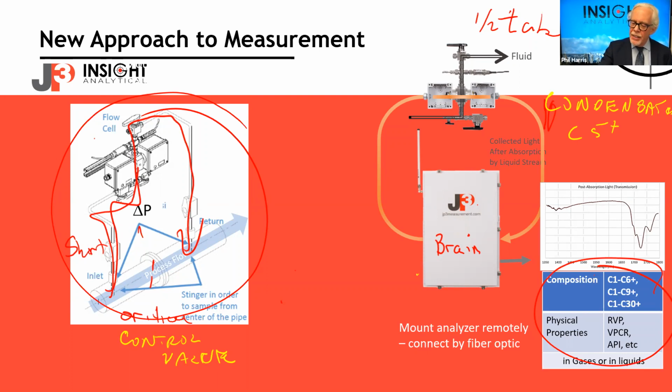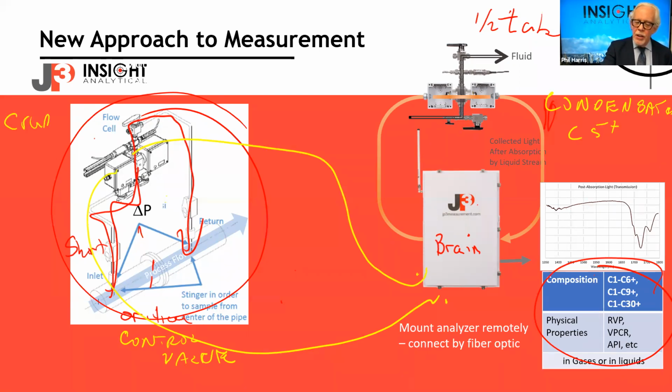And I can take a second set of fibers out to this flow cell and come back and be measuring something completely different. This may be a crude oil. It may be natural gas. I may be doing a BTU analysis of natural gas. So a completely different measurement done at each measurement point that I connect the fibers to.